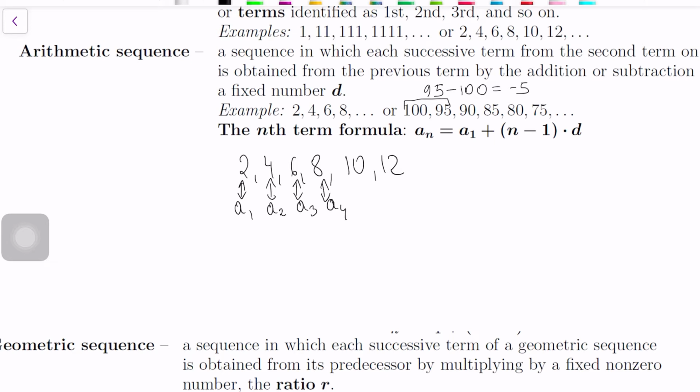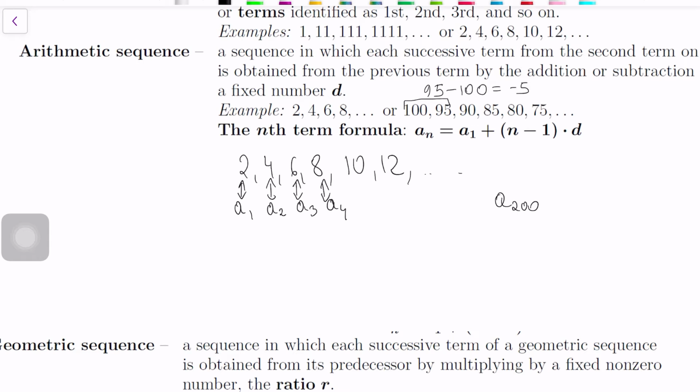And all is nice, you can keep listing the terms of your sequence, but someone can ask you, okay, what's the 200th term of the sequence? So what's a200? Of course, you could list all the terms up to 200, but that's a lot of work, especially if someone even gave you the 1000th term.